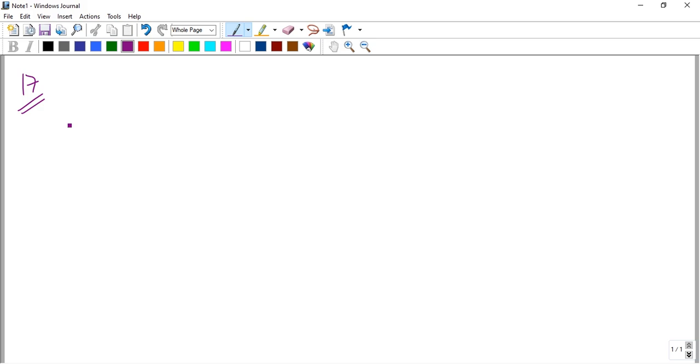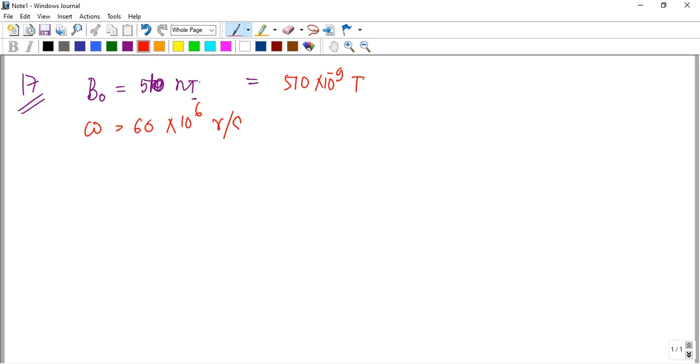So B0 is given here, that is 510 nT. Obviously T is Tesla, and n stands for nano, so that is 10 to the power minus 9 Tesla, and omega is given, that is 60 into 10 to the power 6 rad per second. E0 equals C times B0, where C is the speed of light, 3 into 10 to the power 8 meter per second.